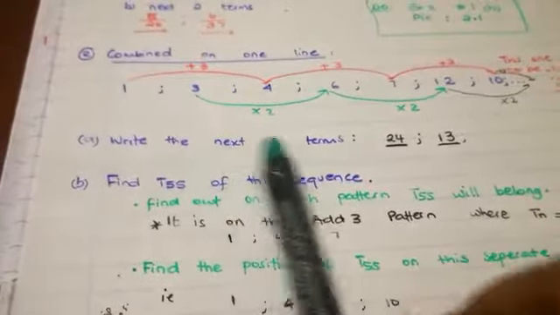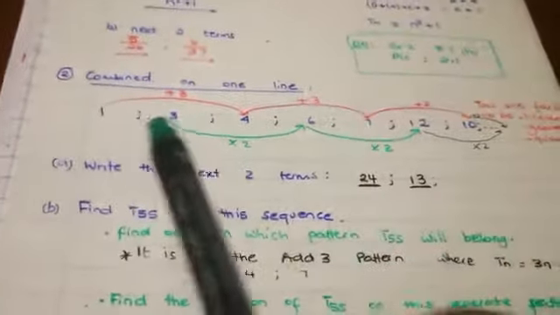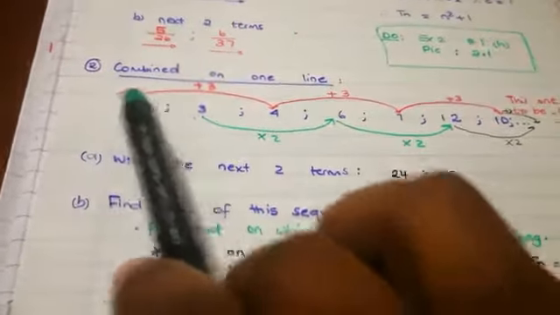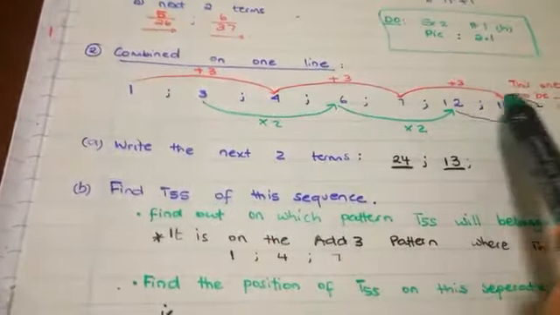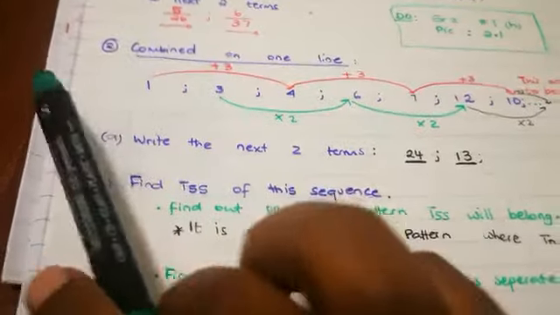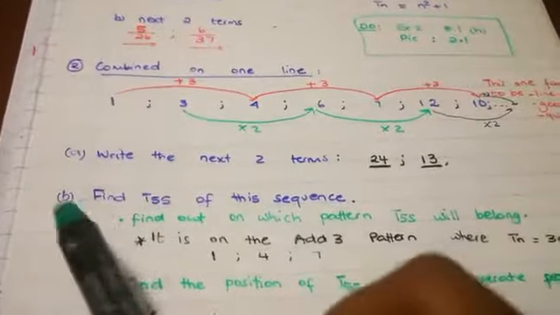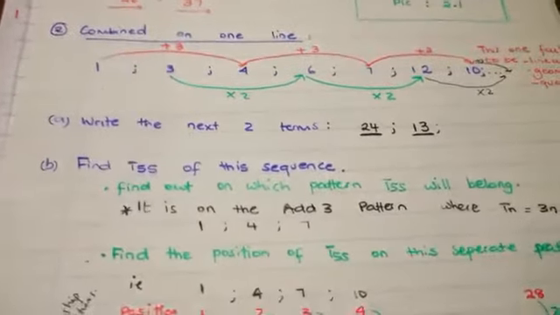So the first question is to write the next two terms. The question wouldn't ask you to find the general term, the nth term, for the main sequence, but they would ask you to find maybe a term number, like in this case, they asked us to find term number 55.